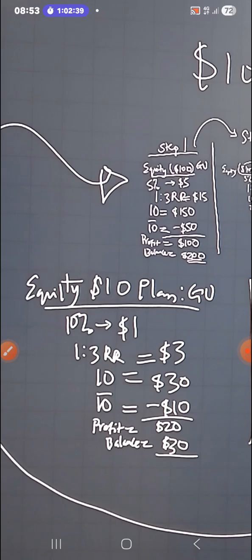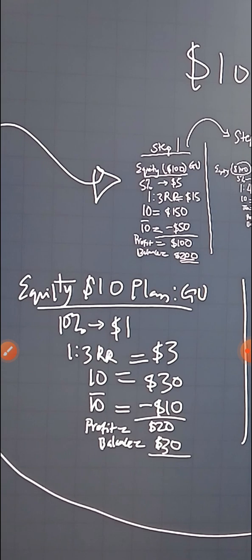That is already the minimum, which is 10% of the $10 account. So the plan goes with 10% of your $10 account, which means that you can only make 10 trades.